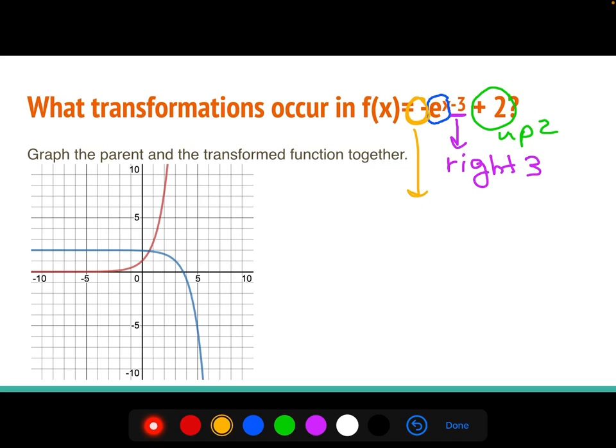And then right here in front, there's a minus sign. A minus in front means it reflects or goes upside down, reflects over the x-axis. So let's see if he did that. From the red one, he would have had to go up 2, right 3, and then flip upside down. It's hard to see it, but that is exactly what he did. He went up 2, right 3, and flipped upside down.